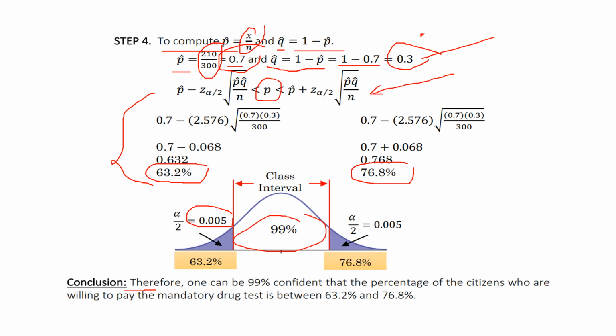So our conclusion, therefore: one can be 99% confident that the percentage of the citizens who are willing to pay for the mandatory drug test is between 63.2 and 76.8%. So the percentage of the citizens will fall between your 63.2 and 76.8%. So it will fall in between these two values.